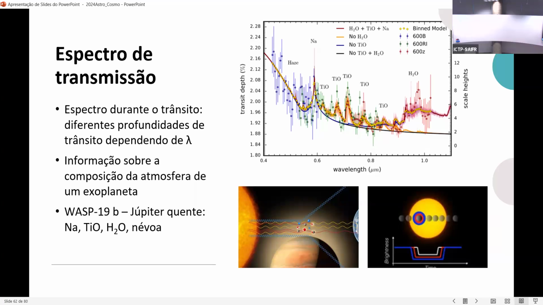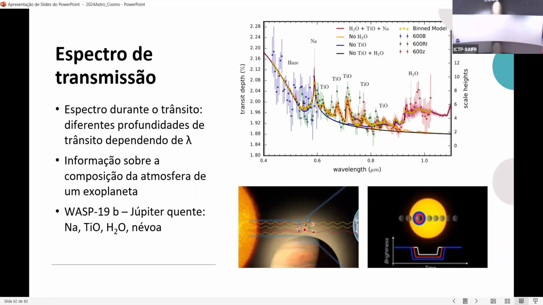The molecules in the planet's atmosphere will absorb part of the light from the star. Then, of course, you take a spectrum of the star when the planet isn't transiting, and you compare, because you know these lines are from the star. So whatever is different here, or in absorption, is from the planet.